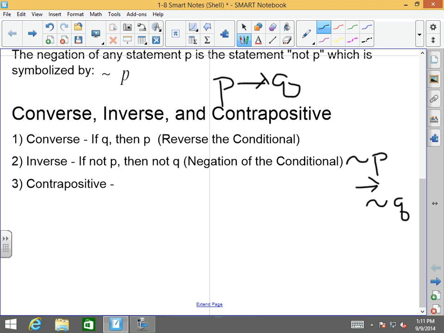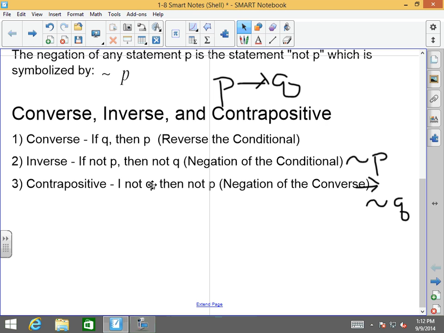Again, a conditional, if P, then Q. The converse switches those. They reverse it: if Q, then P. The inverse negates the conditional: if not P, then not Q. And then the contrapositive negates the converse.